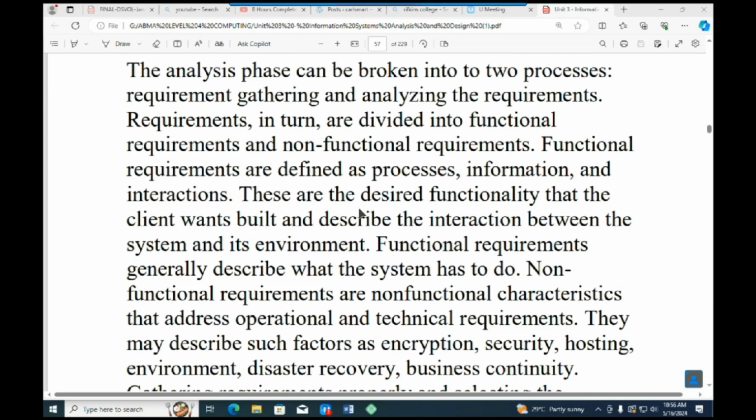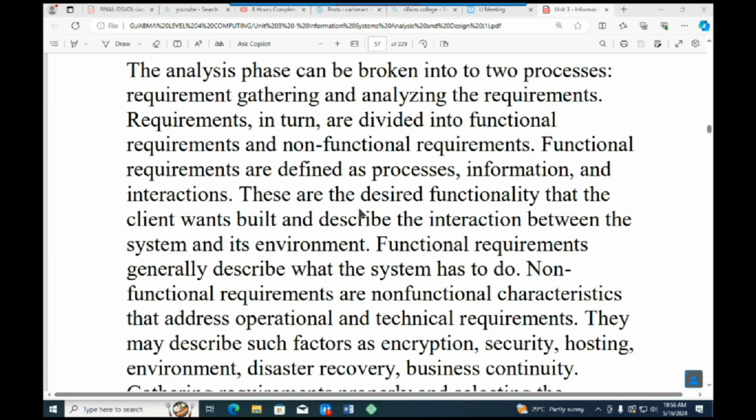So we group those requirements that are processes, those that are information, and those that are interactions into functional requirements.